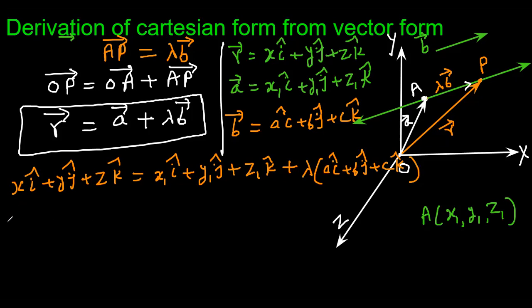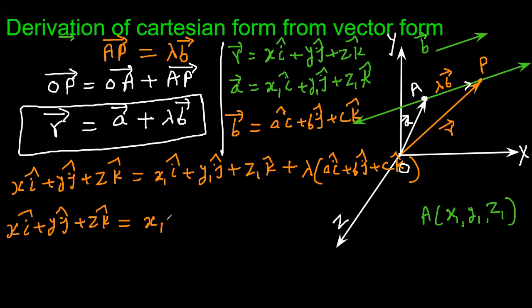So for that, let us keep the left hand side as it is, which is x i cap plus y j cap plus z k cap, will be equal to, can we bring the coefficient of i cap together?